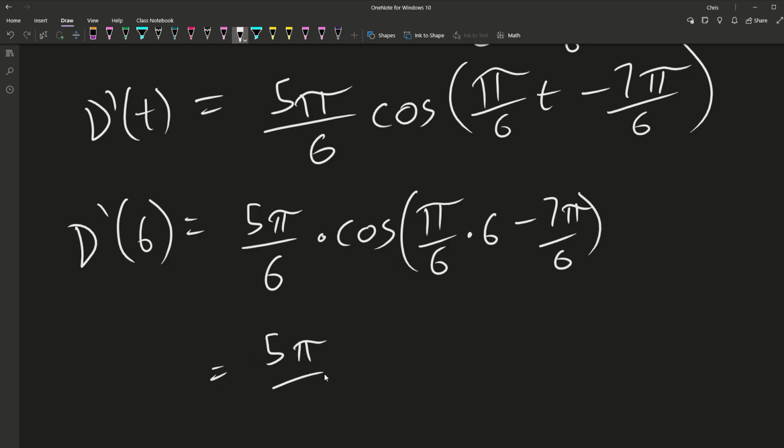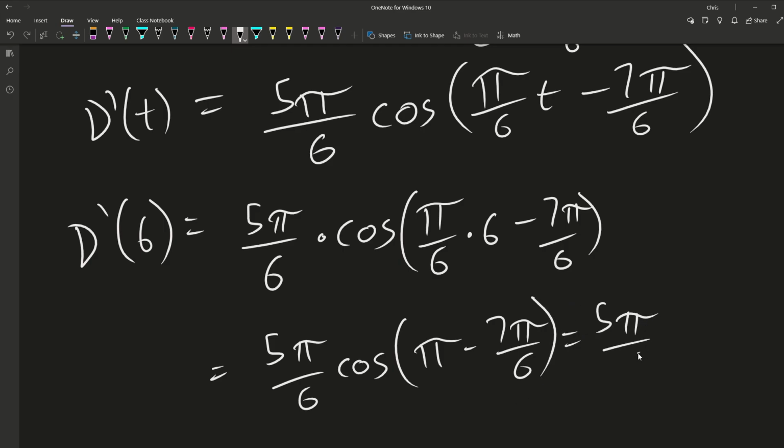This is 5 pi over 6 times cosine of pi minus 7 pi over 6, which is 5 pi over 6 times cosine of negative pi over 6.